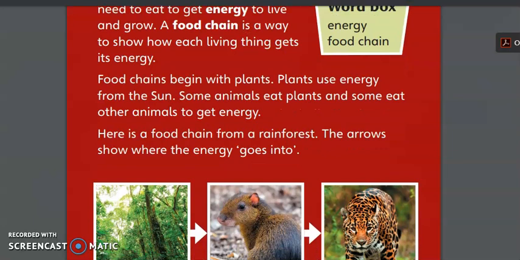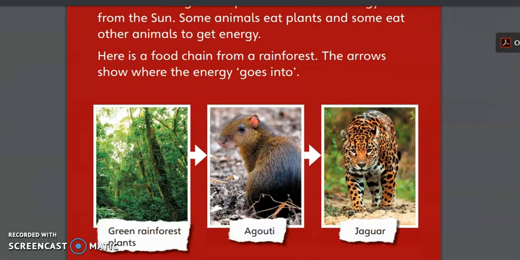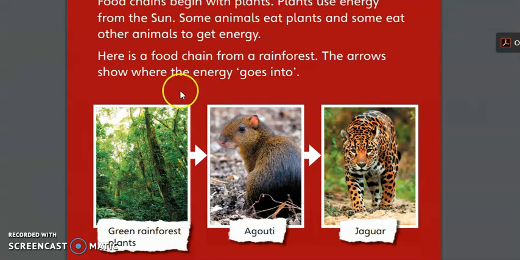So that's why you can see the plants are green. They maintain the green coloring matter because they use their leaves to make their own food and they get the energy from the sun.